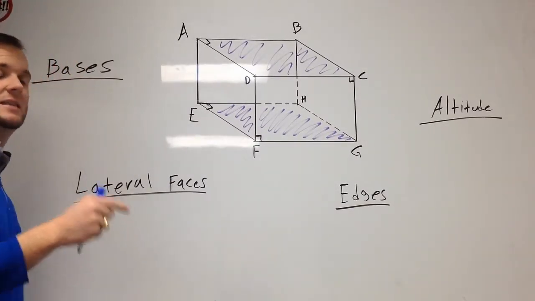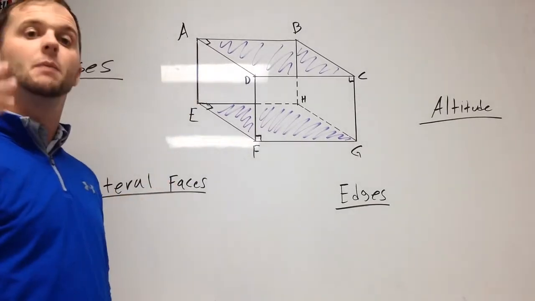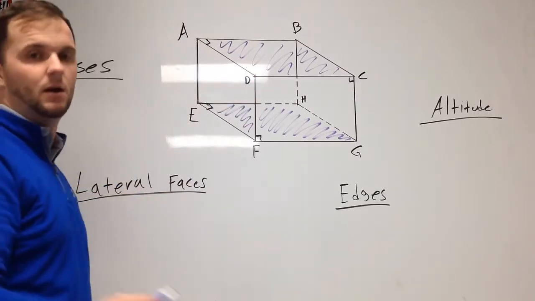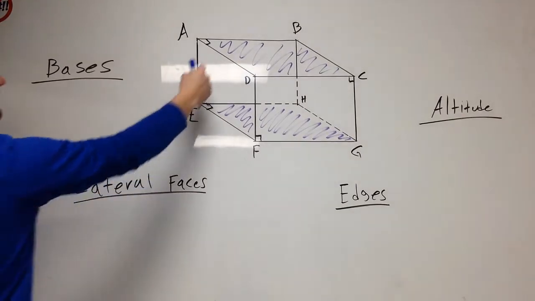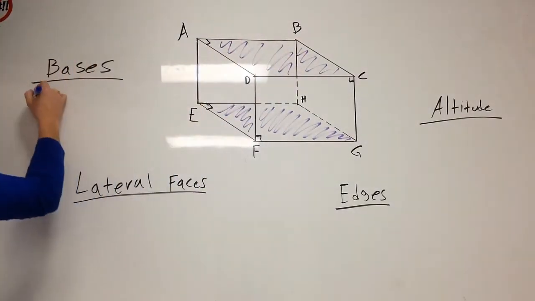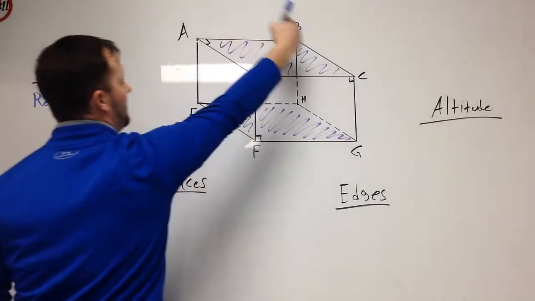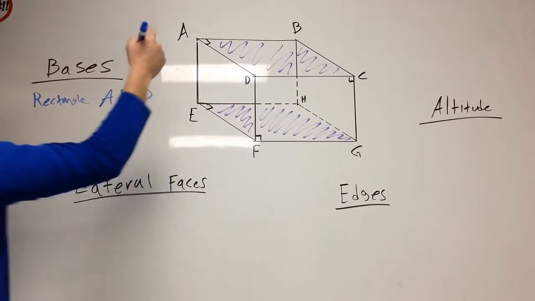I want you all to realize that just because it's on the top and the bottom doesn't always mean that the base needs to be on the top and bottom. The bases can also be on the sides at some points. But in this instance, we're just going to name the top and bottom. So right now, on the very top base, I have a rectangle, and all we're going to do is name it. So A, B, C, and D. So rectangle ABCD is going to be your top base.